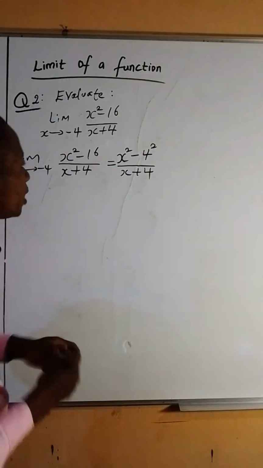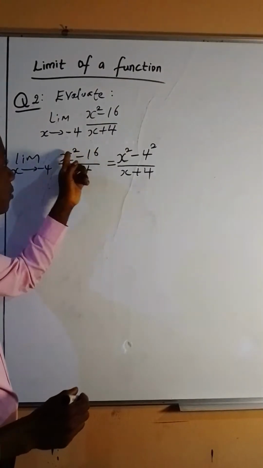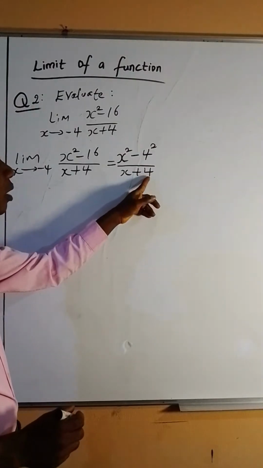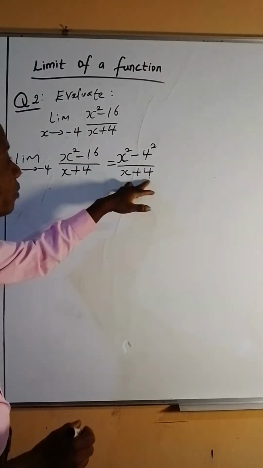So we are going to factorize. We are factorizing the numerator. The denominator is already at its lowest factor.